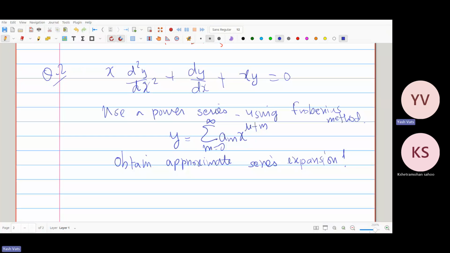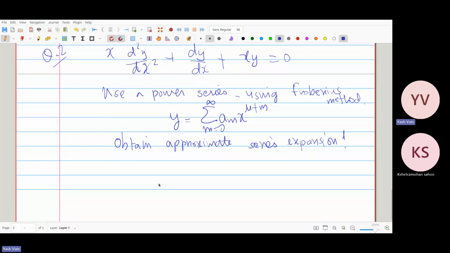Okay, let's try this now. How would you approach it? So what is y prime of x in this case? Can you tell me? That is the summation m equals 0 to infinity of (mu plus m) a_m x to the power mu plus m minus 1, so you just differentiate it.